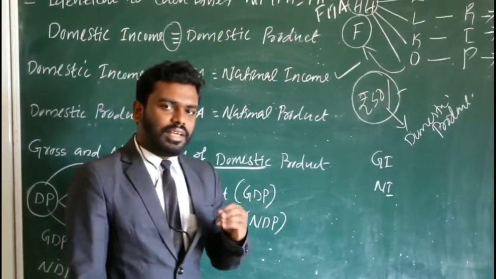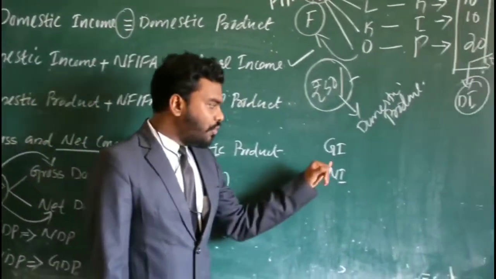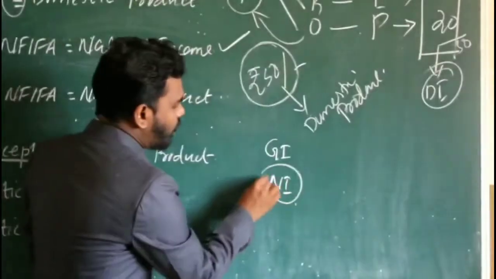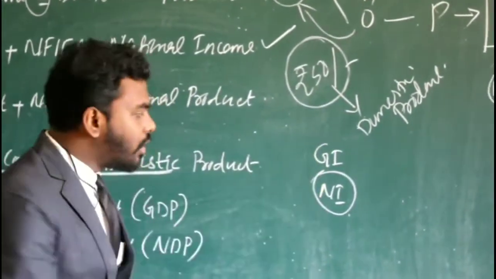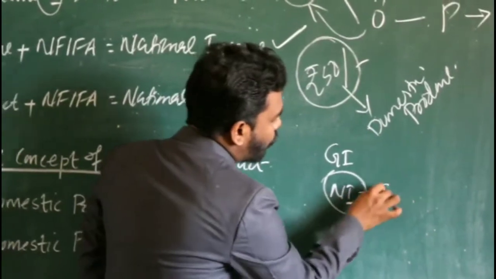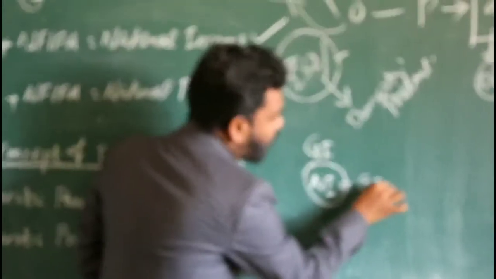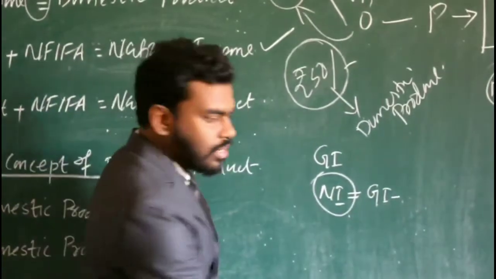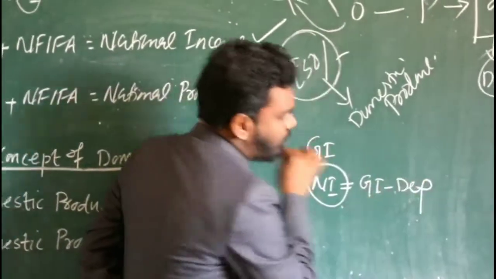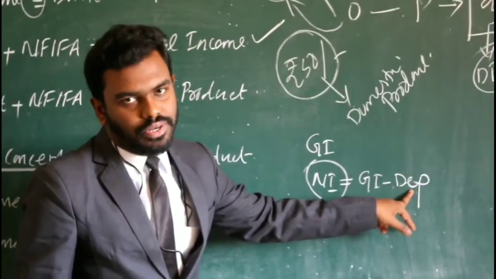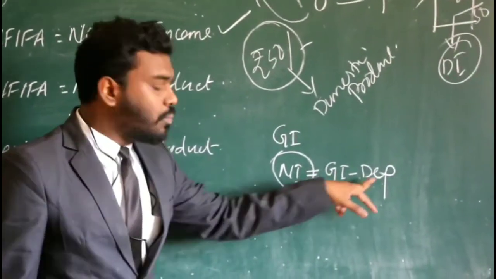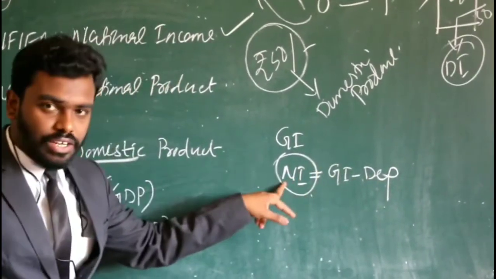How did we calculate net investment from gross investment? Net investment is equal to gross investment minus depreciation. What is another name of depreciation? Consumption of fixed capital.